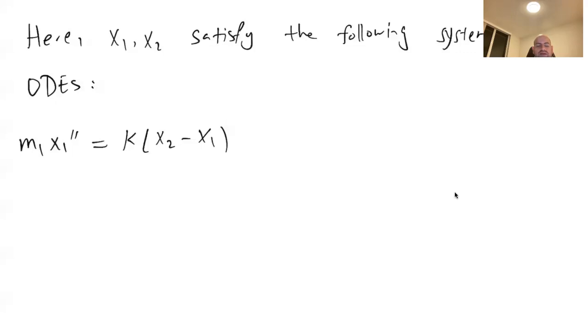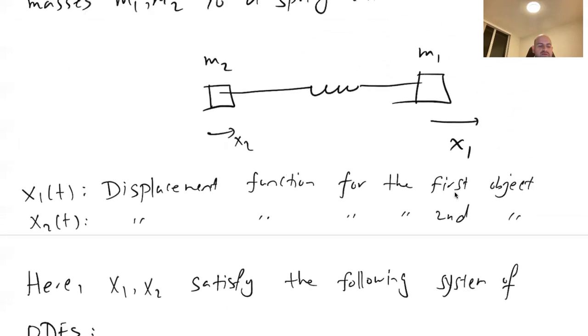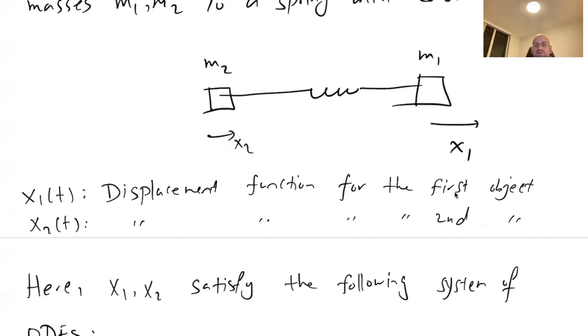Now, why is this the case? Well, see if x1 and x2, both of them are equal. Let's say the first object moves 5 centimeters towards right and x2 moves 5 centimeters towards right, then there's no stretch or compression in the spring, and therefore no force will be applied to any of the objects.